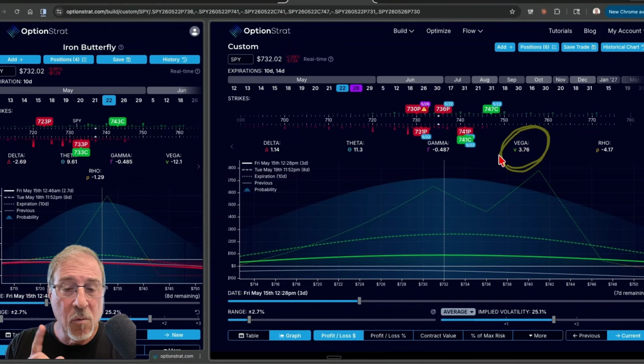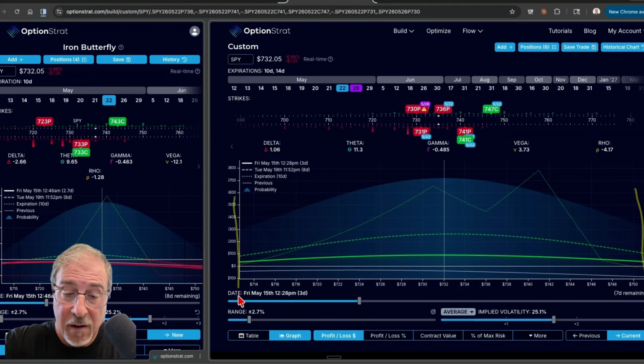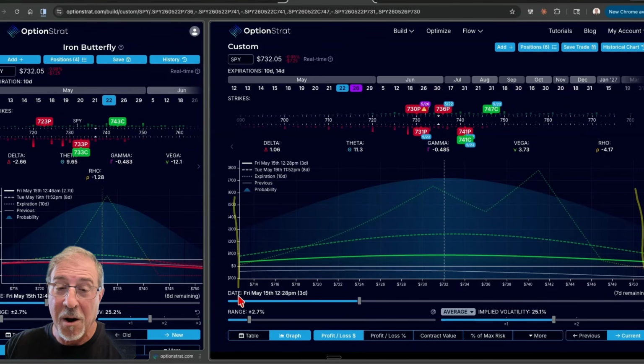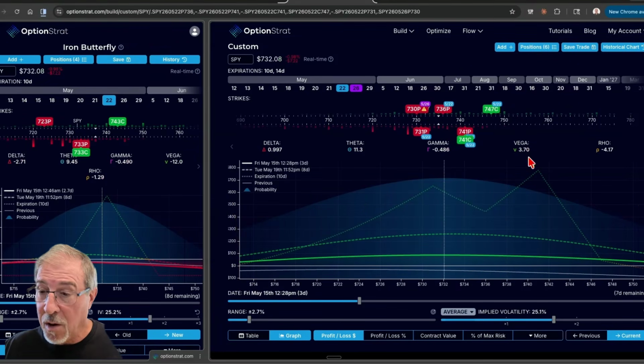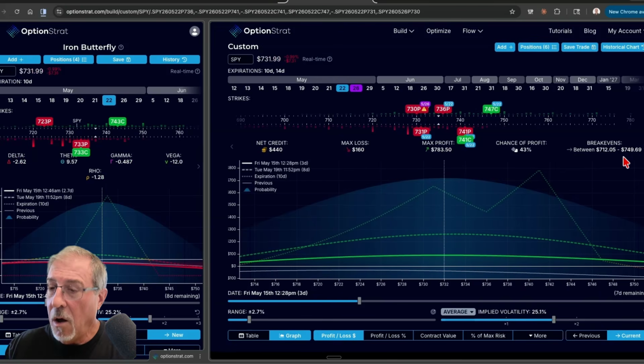But I want you to see one other very key thing. What happened to our break-evens? Well, our break-evens went so wide, they're not even showing up here anymore. Let's go back and pull in the break-even side of this equation so that we can see what that looks like. It shows us here our break-evens are almost 40 points wide.